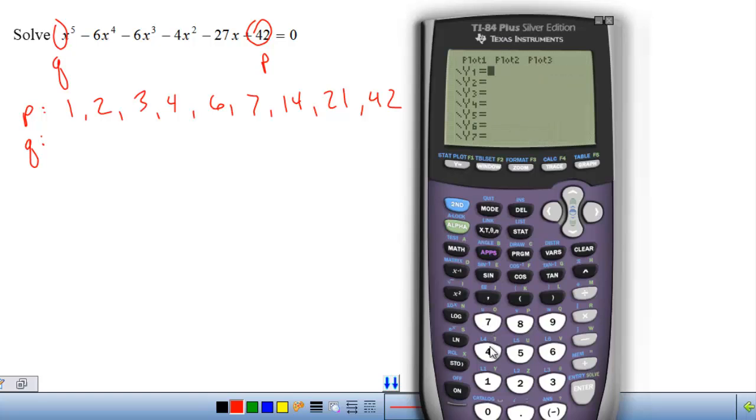We'll just plug that value in there, 42, and then divide it by x. Then we're going to use our table as a list, and we'll go down and see 1 and 42, 2 and 21, 3 and 14, 6 and 7, and then they're just repeating. So there's all my factors.